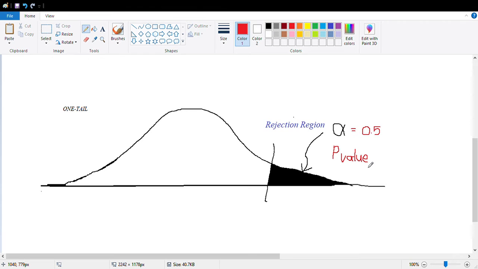So if the p-value is less than the alpha, then we can say that our null hypothesis will be rejected. If the null hypothesis is rejected, then that means the alternative hypothesis will be accepted.